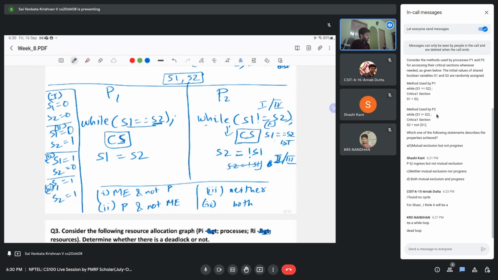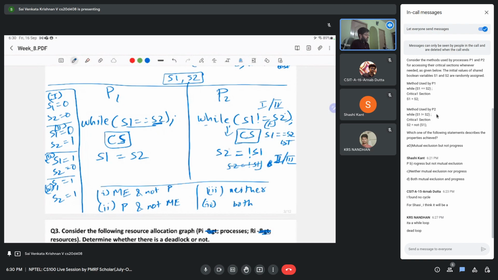Only if this condition is true. So if S1 equal to S2 is true, then the condition S1 not equal to S2 is false. First and fourth case we can enter. So first and fourth case is S1 and S2 both are equal.